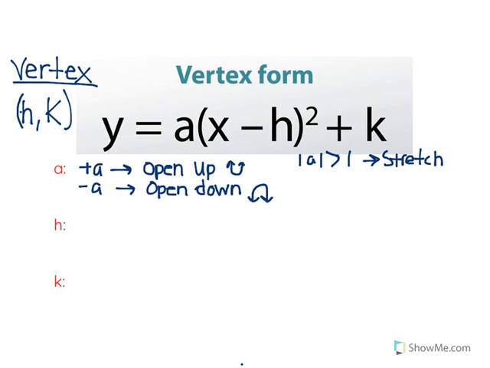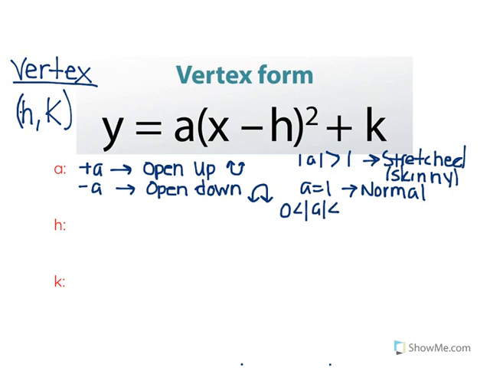And when I mean stretched, it's going to look very skinny. And then when A is equal to 1, our graph is normal. There's no stretch or compression. And then when A is between 0 and 1, and again, we're looking at the absolute value of this, what this is going to be is compressed.